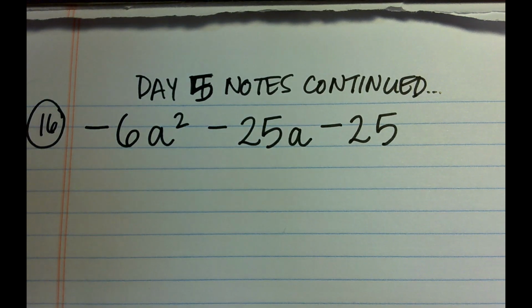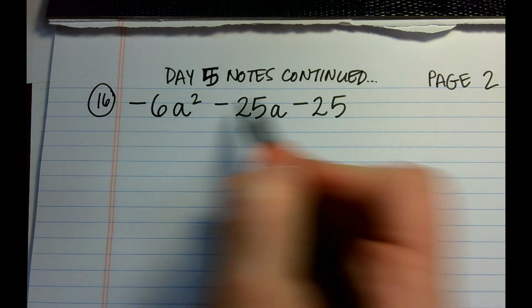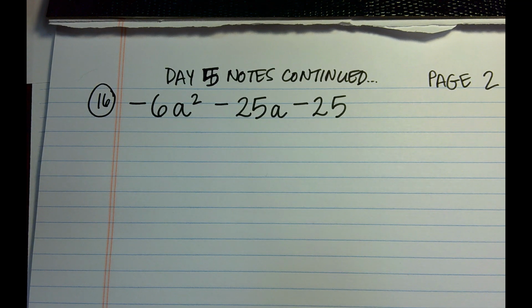Okay. So here's number 16. This one is all negative terms. Negative 6a squared minus 25a minus 25.